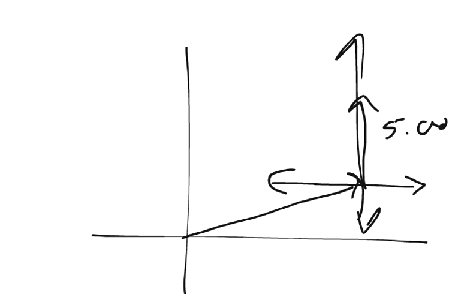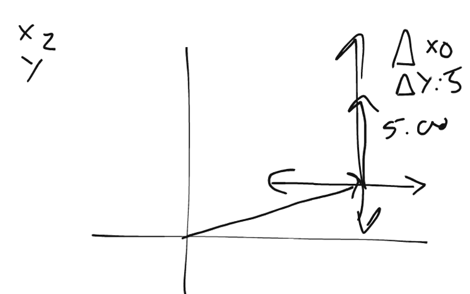Well, since it's completely vertical, my change in x is going to be 0, and my change in y is going to be 5. It's fairly simple. So I now have my x2 and my y2: 0 and 5. So now I can add it up.